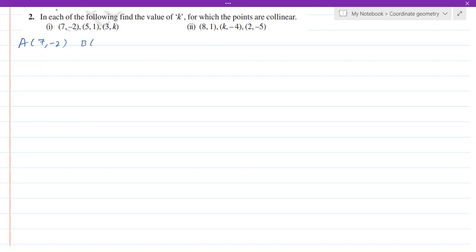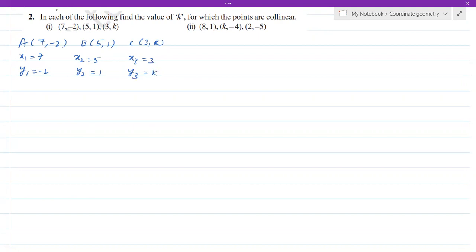Let's take the second point as B, 5, 1, and the third point as C, which is 3, k. Now, x1 is 7, y1 is minus 2, x2 is 5, y2 is 1, x3 is 3, y3 is k.